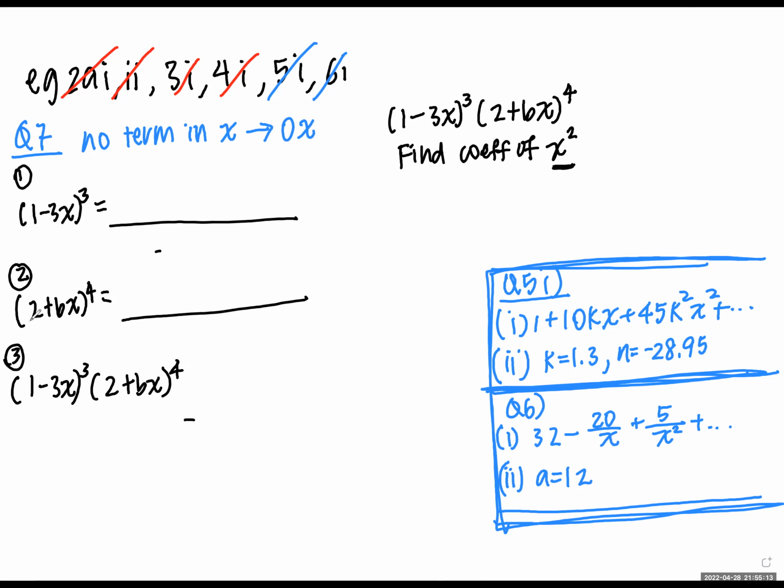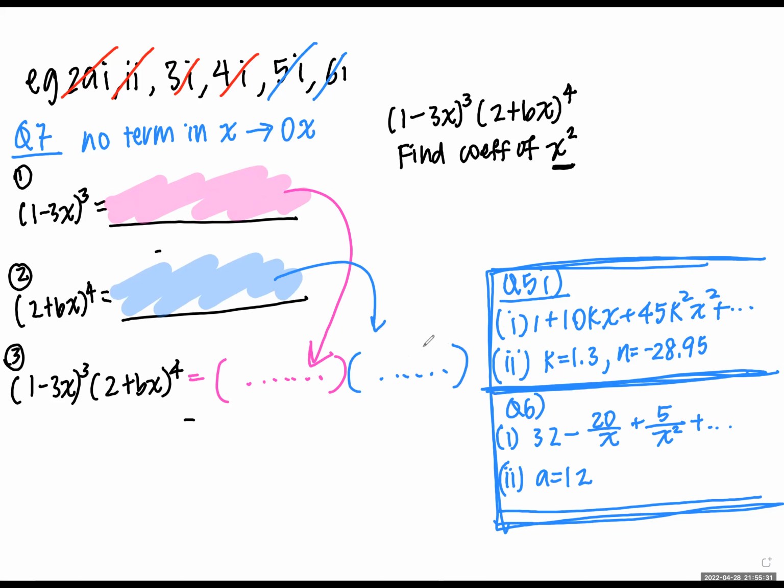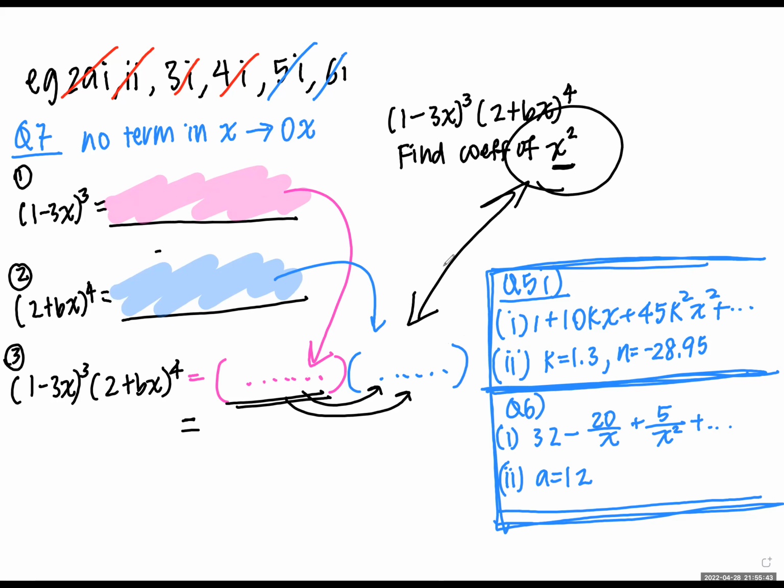The third step is I take the answer here, copy, paste, multiply by the answer here, copy, paste, right? And remember this time I told you, whatever term is here, you go and find a partner to match such that you can get your x squared term. Got it?